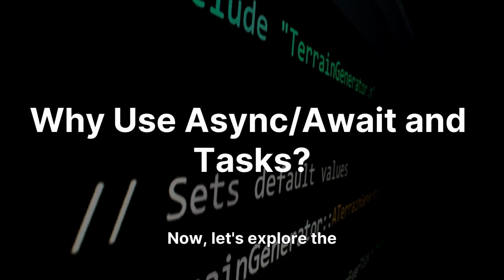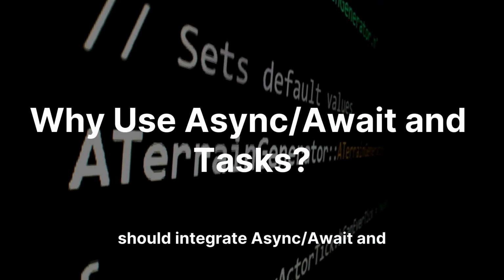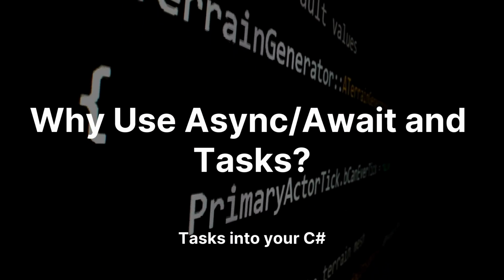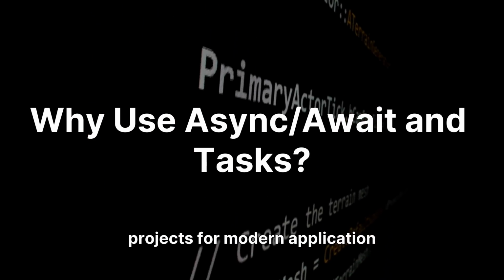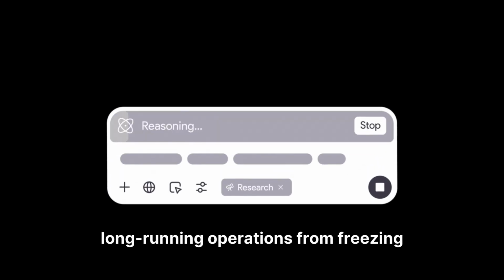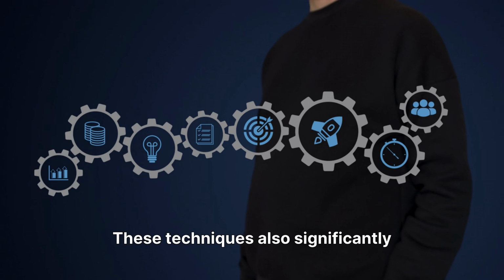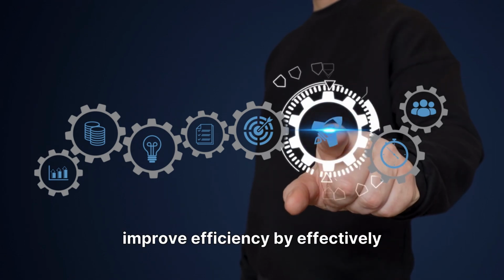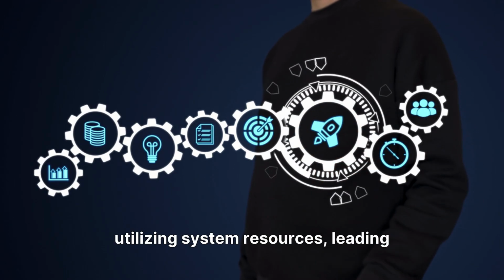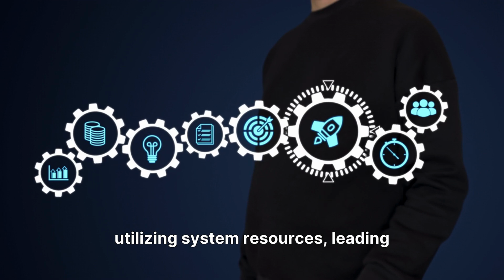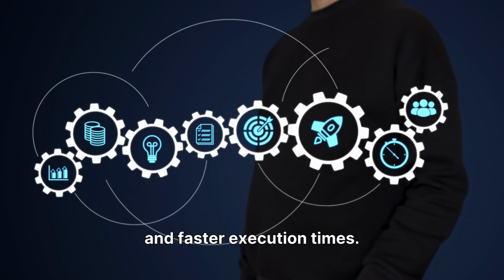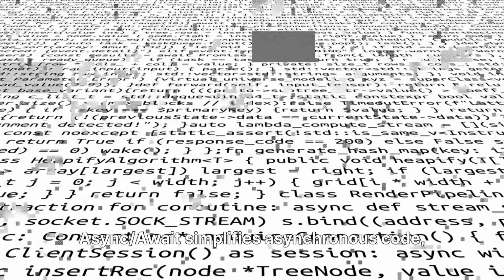Now, let's explore the compelling reasons why you should integrate async/await and tasks into your C-sharp projects for modern application development. One primary benefit is maintaining UI responsiveness, preventing long-running operations from freezing your application's main thread and ensuring a smooth user experience. These techniques also significantly improve efficiency by effectively utilizing system resources, leading to better overall performance and faster execution times.